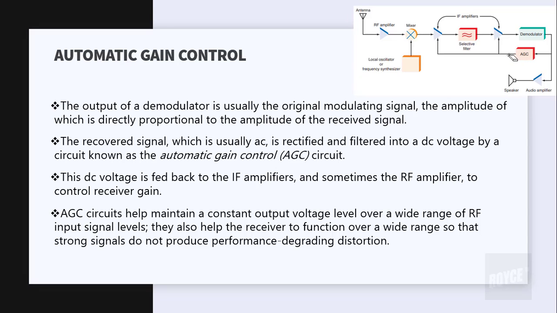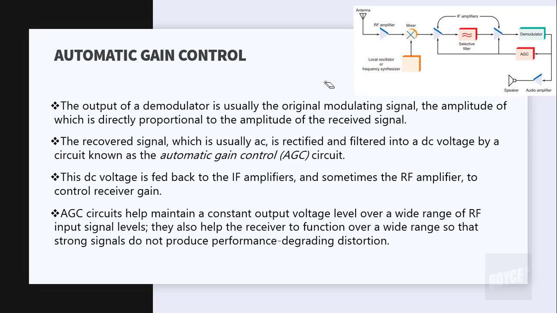That is our demodulator. Now there is an additional block here, AGC, automatic gain control. From the name itself, automatic gain control, this is a way to adjust yung gain ng ating IF amplifiers. So the output of the demodulator is actually the original modulating signal. The recovered signal, which is usually AC, is rectified and filtered into a DC voltage.